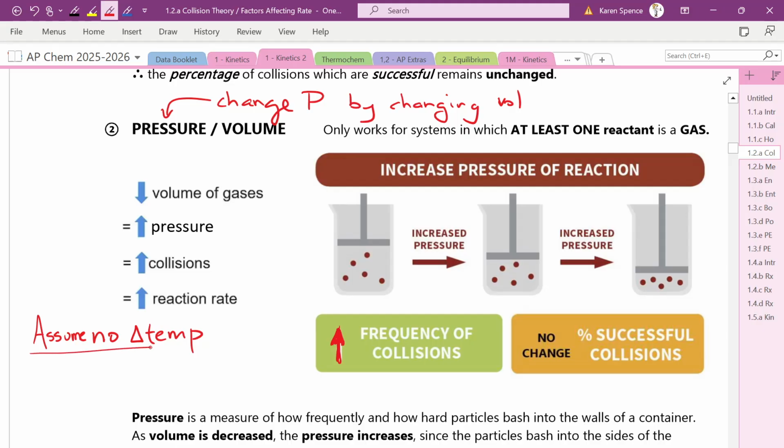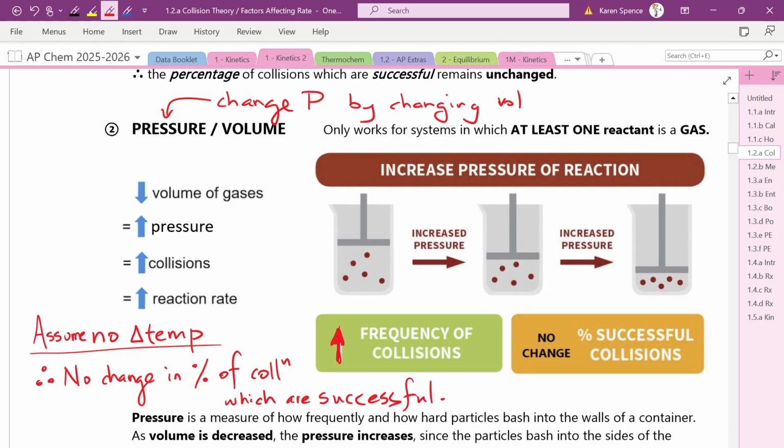And if there's no change in temperature, will there be a change in the percentage of collisions which are successful? Nope. Therefore, no change in the percent of collisions which are successful. I don't know why I write this. It's written right there, but that's okay. No change in the percent of successful collisions.